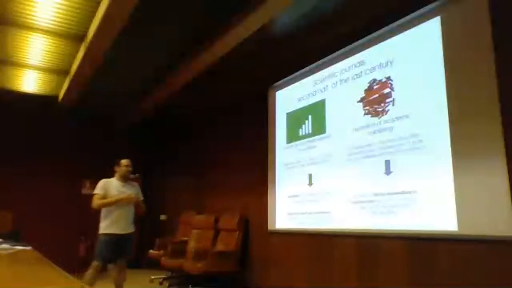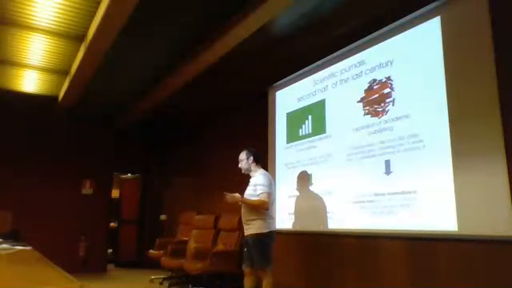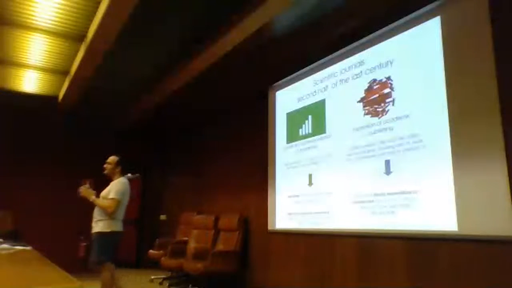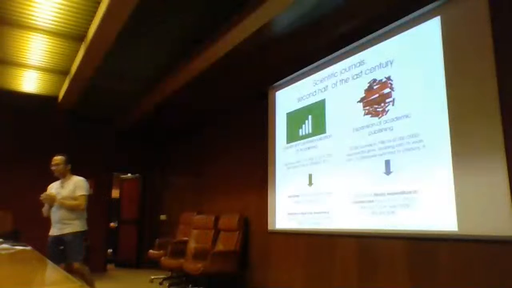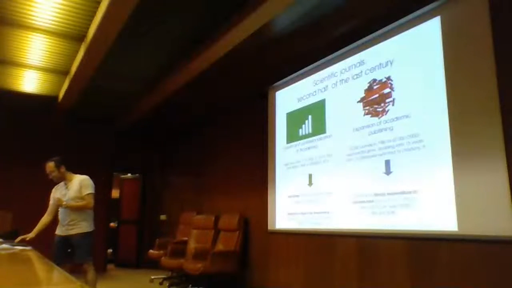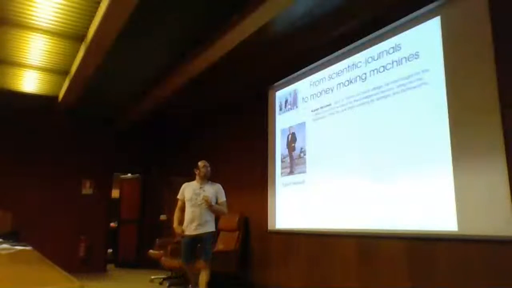But if you want to understand really how the market changed, I have to present you the story of Maxwell. It is not the Maxwell that you know, the one of electromagnetism, but another Maxwell, a very smart one. It's this guy here, Robert Maxwell.